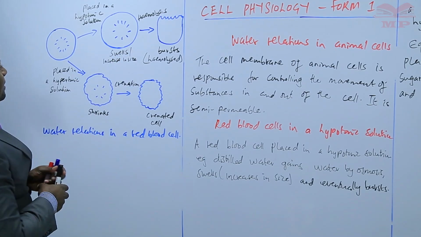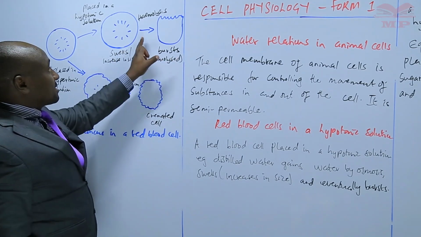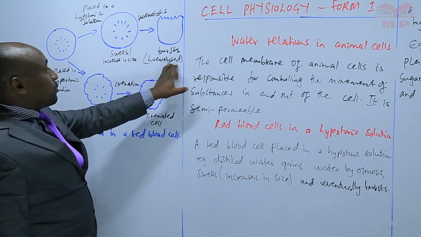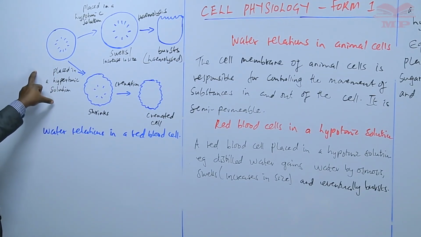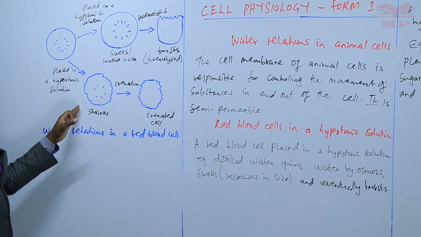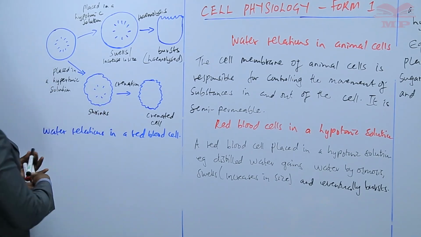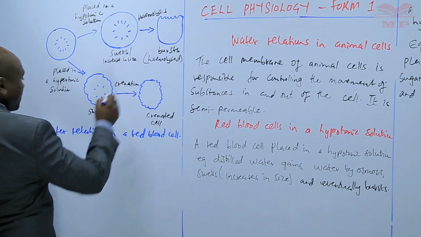And then, if that continues, that particular cell bursts. It undergoes hemolysis. So we say that it becomes hemolyzed. And then when it is placed in a hypertonic solution, it loses water, shrinks, and undergoes crenation. So we can see how a crenated cell looks like.